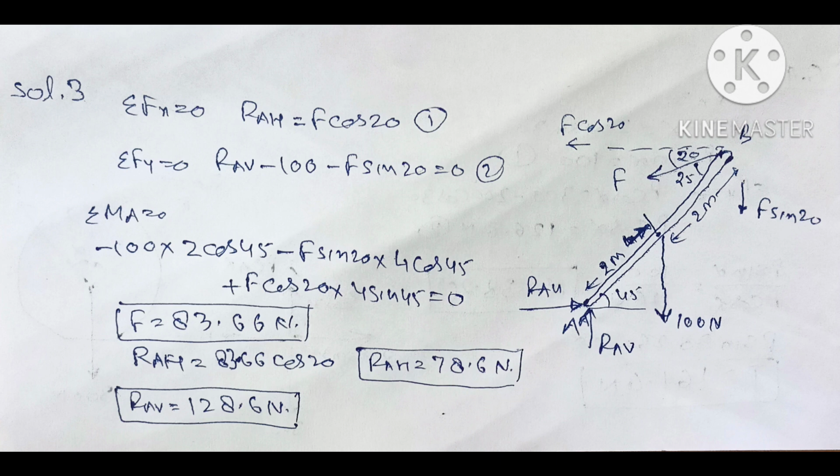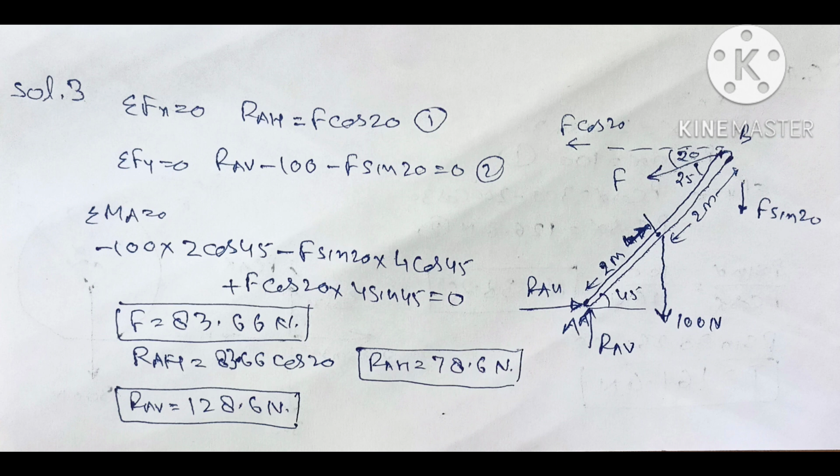So the moment of RAH and RAV will be 0. Now F sin 20 will try to rotate the body in the clockwise direction and F cos 20 will try to rotate the body in the anti-clockwise direction. So the moment of F sin 20 will be minus F sin 20 multiplied by 4 cos 45.